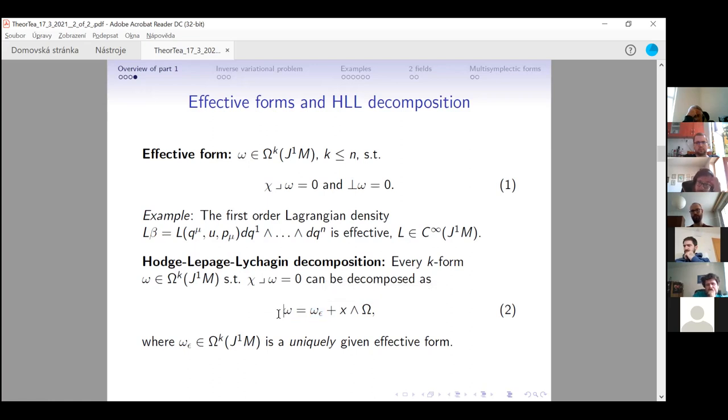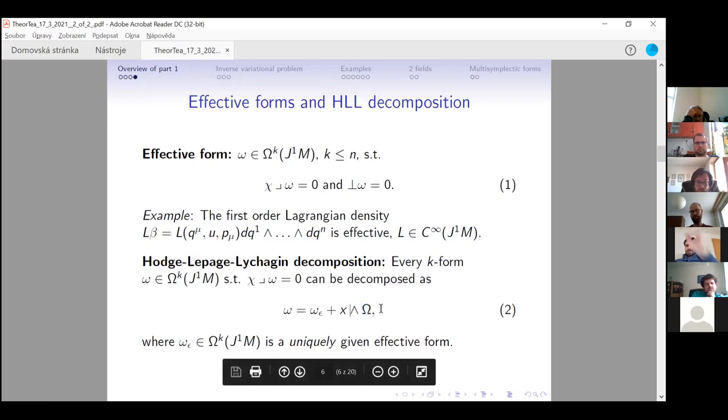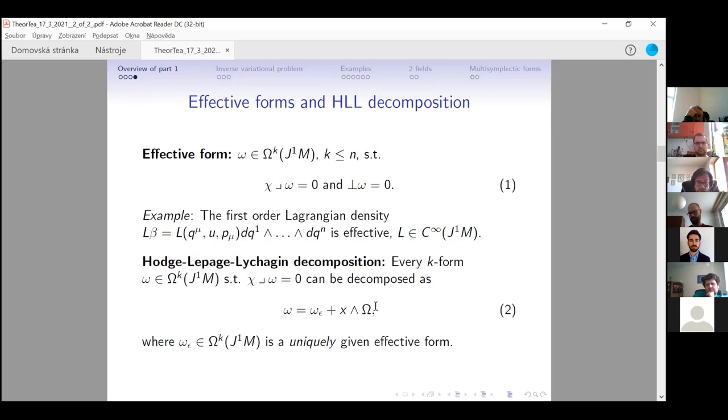The Monge-Ampere operator doesn't see whether I have this form or this form, because this guy contains omega, and omega pulled back along J1 phi is always 0, because omega is the exterior derivative of the contact form, and the contact form is precisely that form which when pulled back along arbitrary J1 phi is 0.